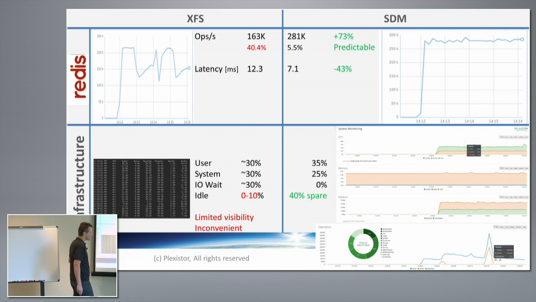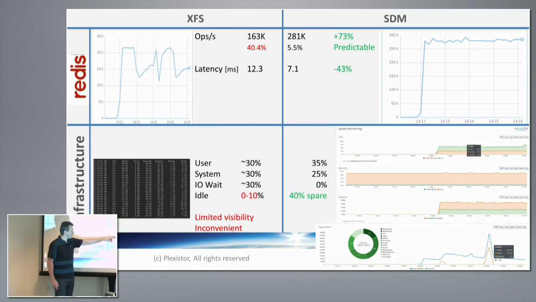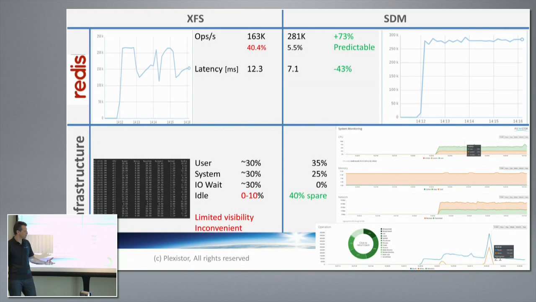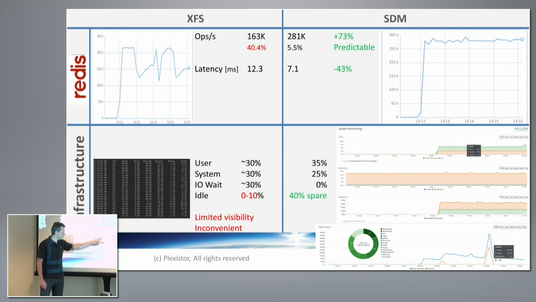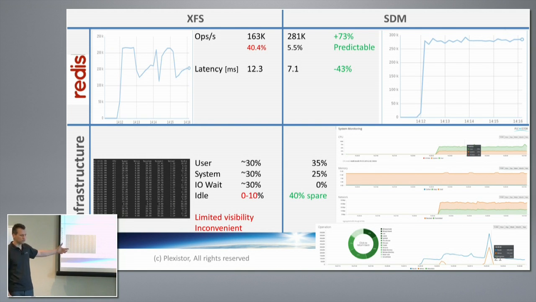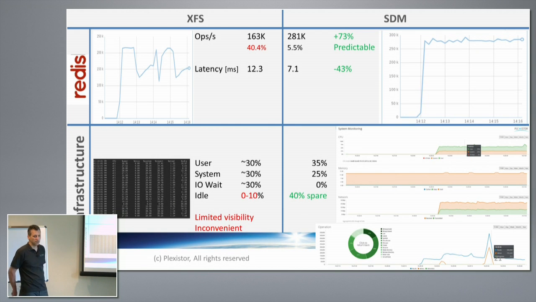And then if you look at the numbers, you can see that 35% of the CPU is actually dedicated to Redis. Then the system and the I/O wait time together, which is the bulk of the storage overhead, has been reduced to 25%. And 40% of the CPU is just idle. There's not enough pressure on this machine, on this benchmark, to leverage more than that. I mean, storage is idle.